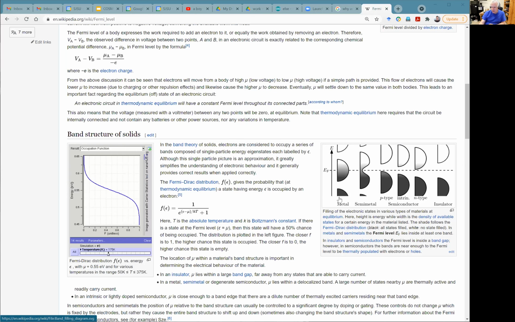What this is: energy is on the y-axis, and on the x-axis is density of states. It's the number of states that electrons can occupy in a given direction, right? You could say this is in the axial direction of the nanotube.